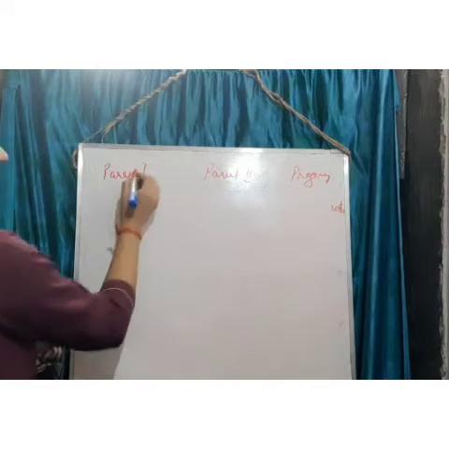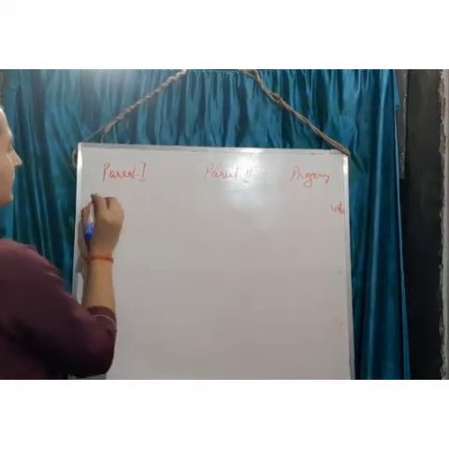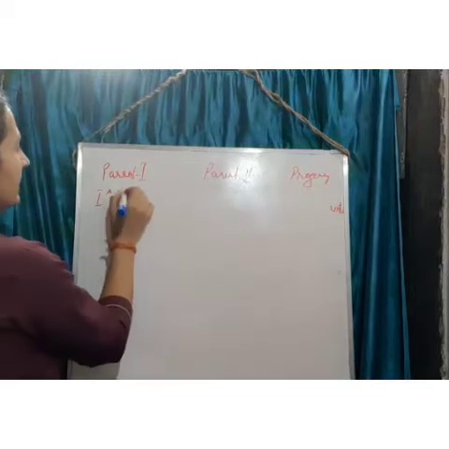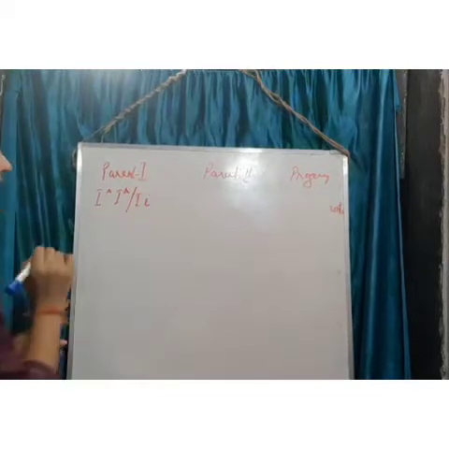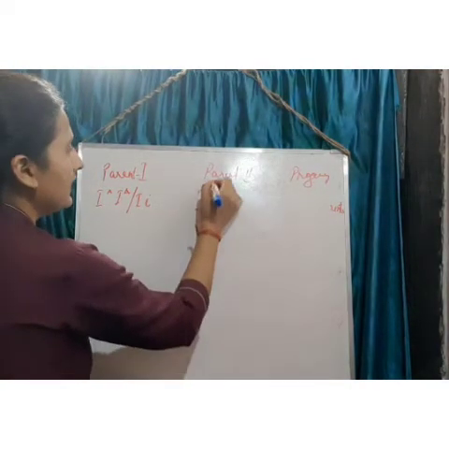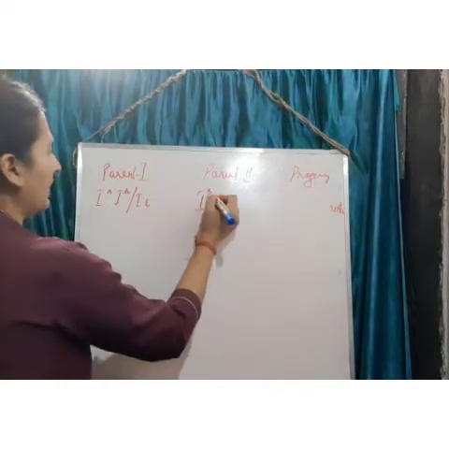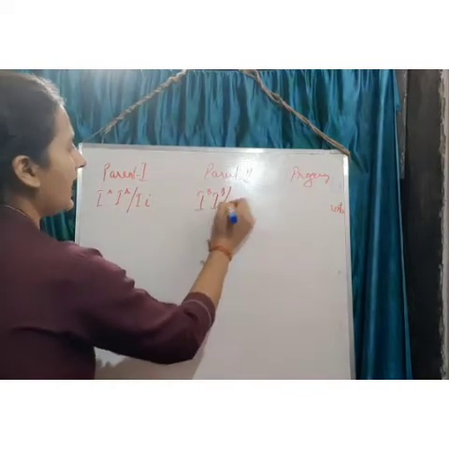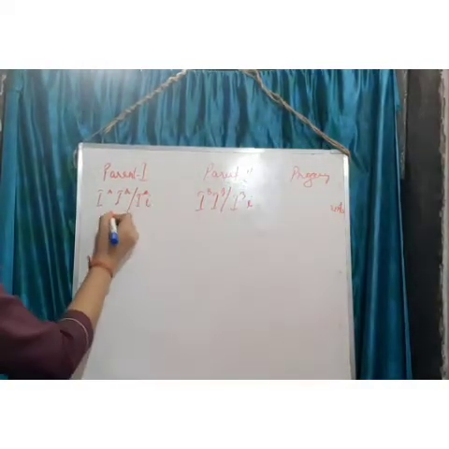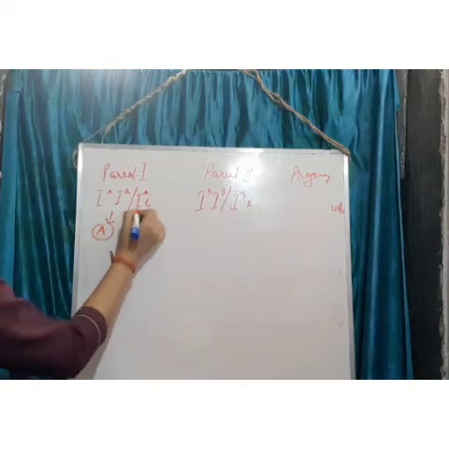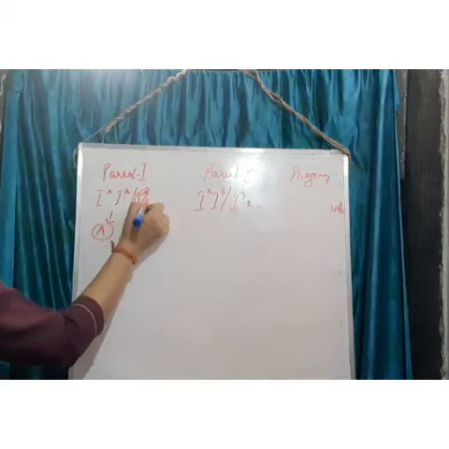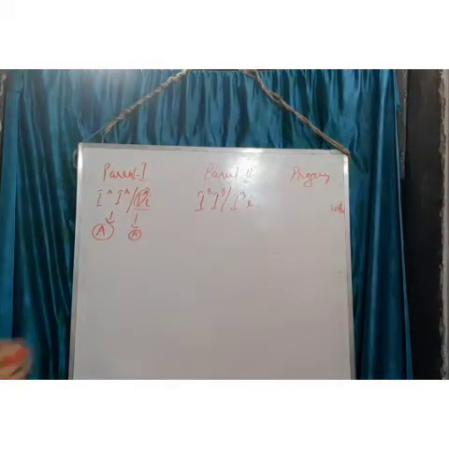If parent 1's blood group is A, then A means the alleles have to be either IA IA or IA i. I hope you all can follow this. On the other hand, suppose parent 2's blood group is B, so the alleles present here will be either IB IB or IB i. Here you see, this is blood group A, and this allele is also for A, right? Why? Because IA is dominant over the lowercase i.